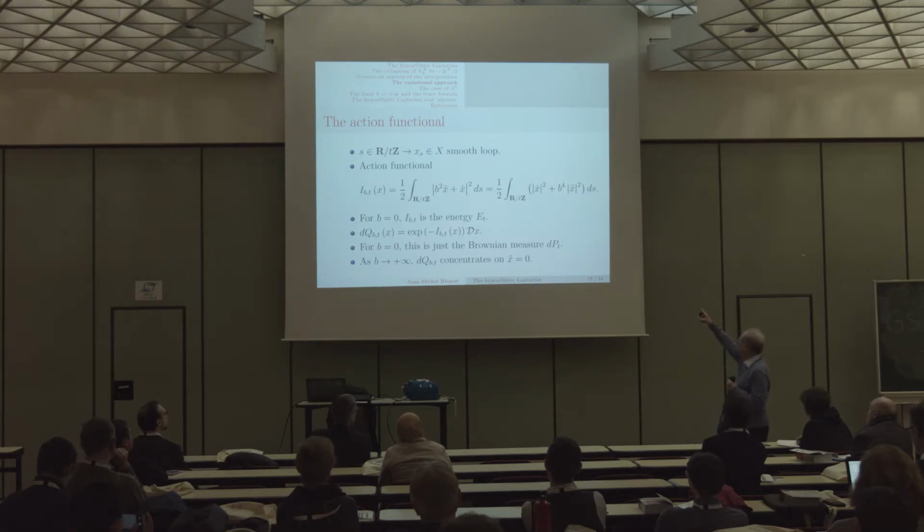The action gets extremely big when b tends to infinity, except when x double dot is equal to 0. That indicates that when b tends to infinity, this measure should concentrate on the geodesics. So this already tells us that our differential operator itself, the operator L_b^X, should have something to do with the geodesic flow when b tends to infinity.